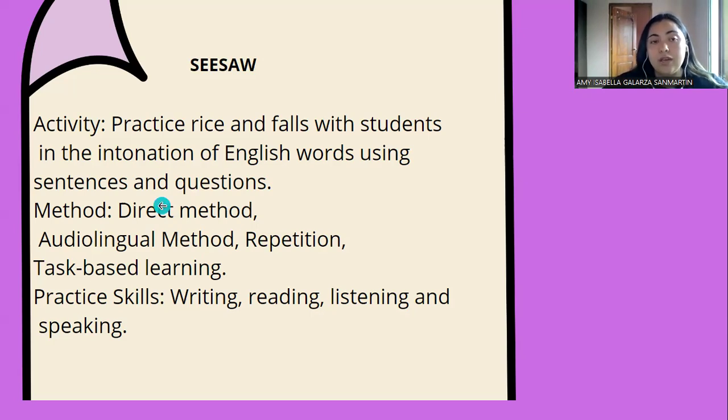In this practice, we're going to practice the skills reading, listening, and also speaking, because they need to write the sentence in a correct way and put it in the right place. Is that for the rise or is that for the fall rule about intonation? Reading because they are going to read the sentence, and listening because they will listen when I'm going to read the cartel, alone or together with them as a group.